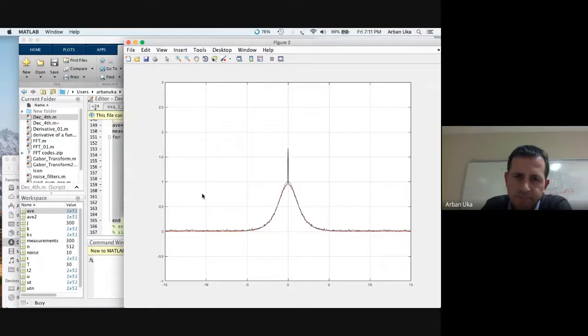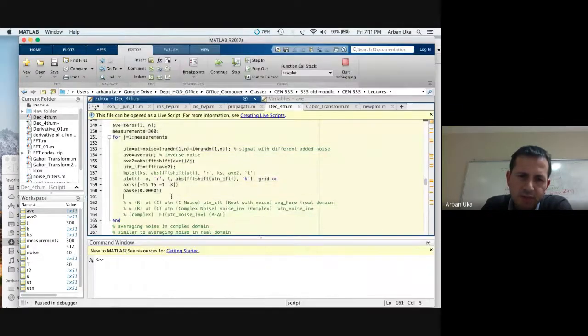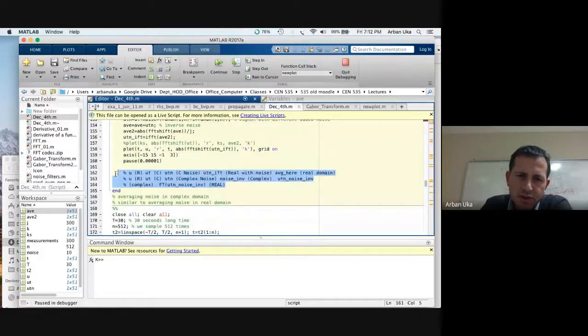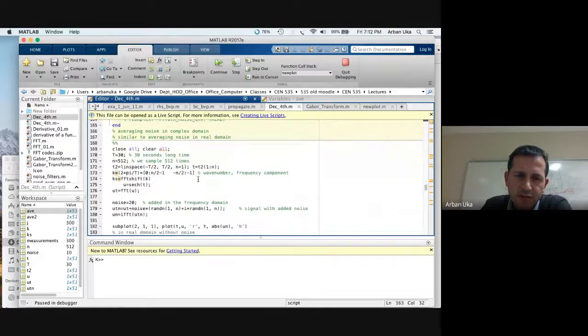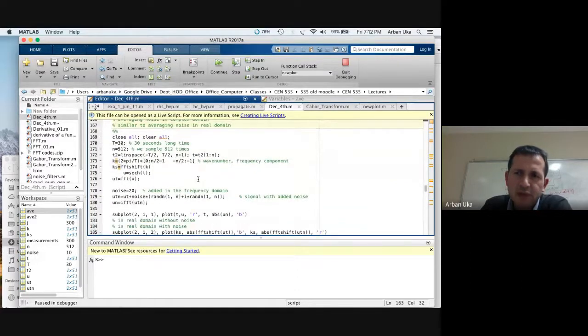So I would suggest you go over especially these two different paths and see if you find any difference. And let's see what we have next.